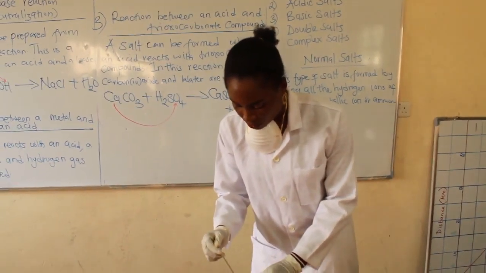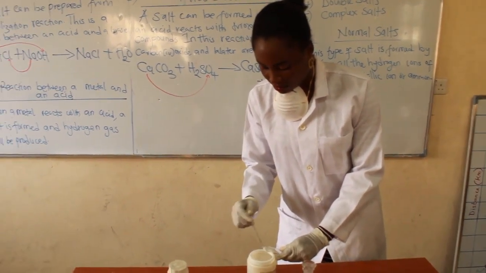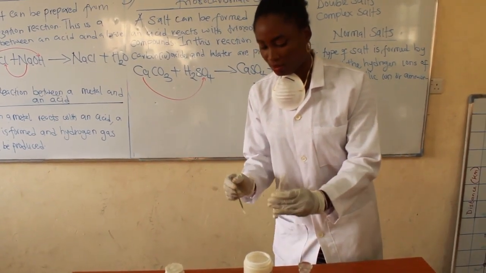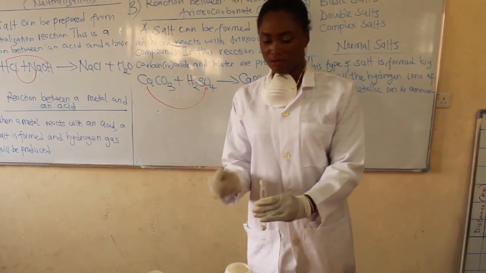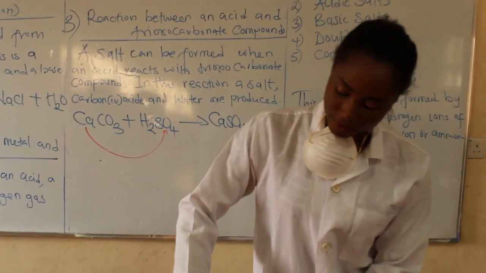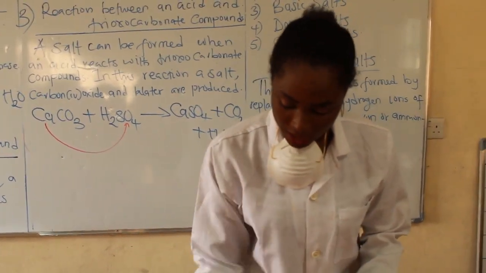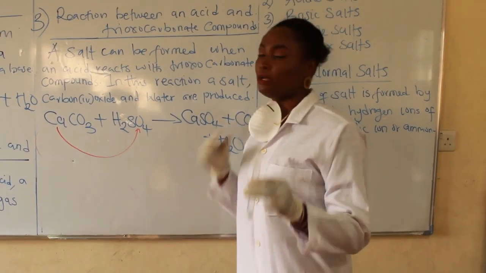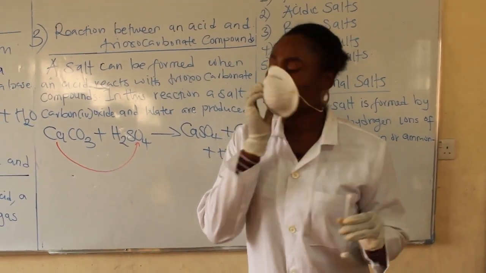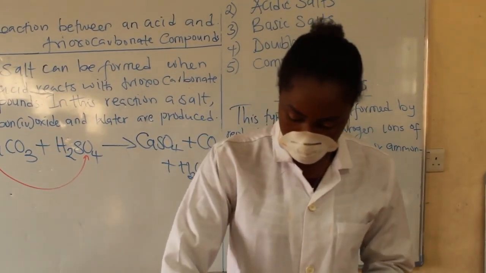I'm going to come close, add maybe 2. So this is our calcium carbonate, a trioxocarbonate compound, reacting with an acid. I'll see where my nose marks because at the end CO2 will be produced.